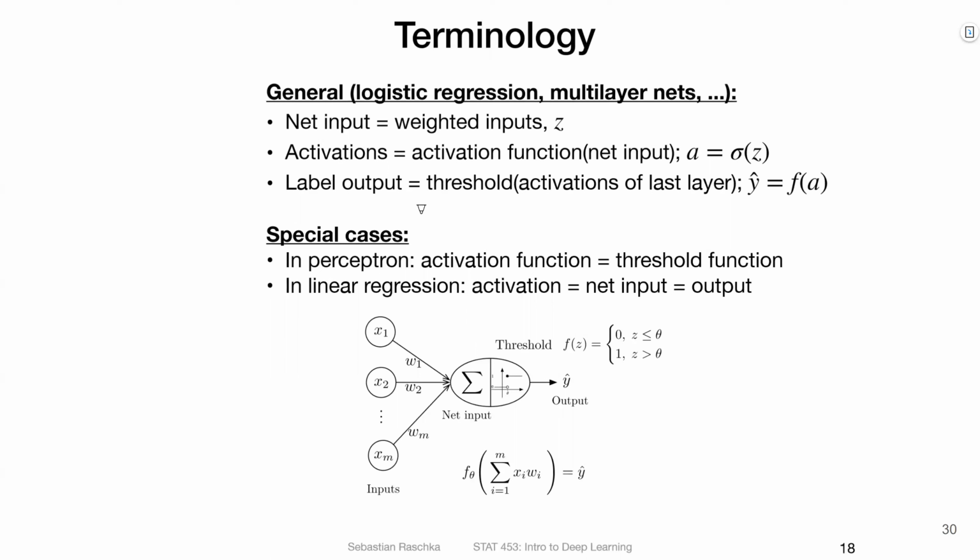Before we move on, let's review some terminologies. Here, net input means weighted inputs, z. So z is x1 times w1 plus ... plus xm times wm.